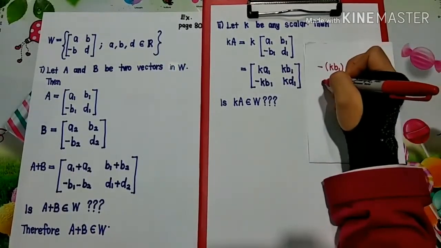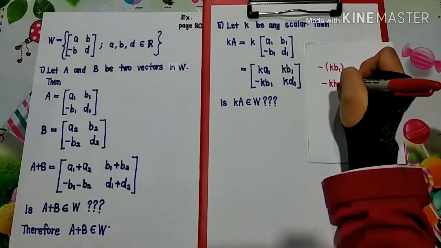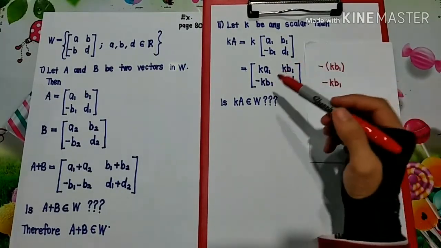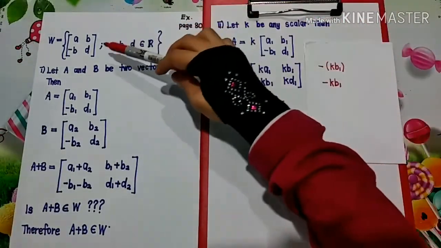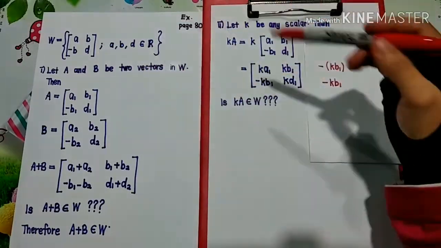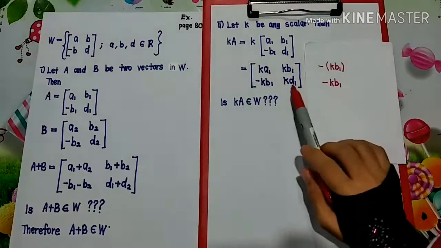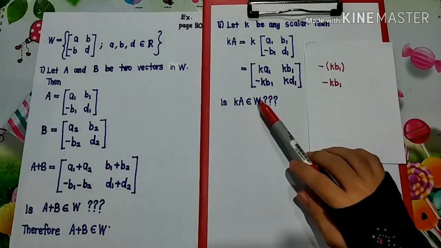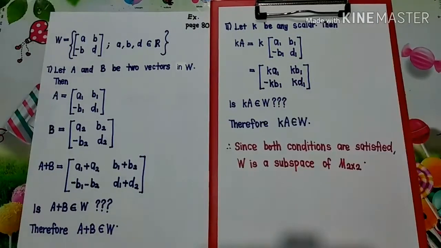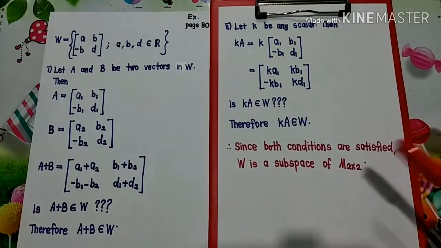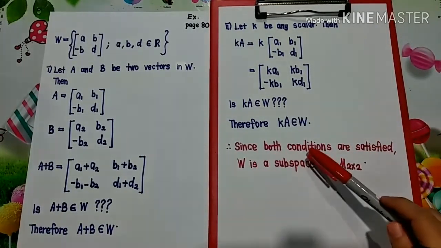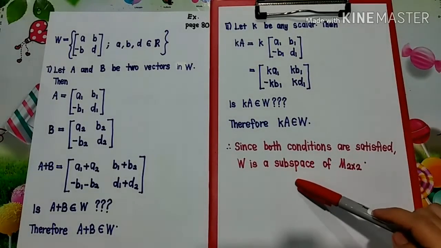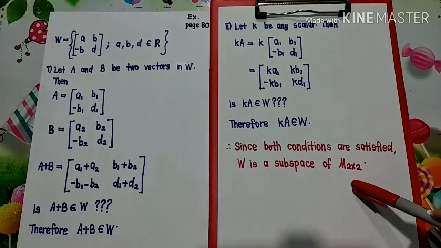Then you open the bracket and you will have negative kb1. Then you check: are this one and this one equal? Yes, equal. So this one also satisfies W. The next one, d: our d is kd1. So this means that now kA is also in W. Lastly, we can conclude that since both conditions are satisfied, W is a subspace of matrix 2 by 2.